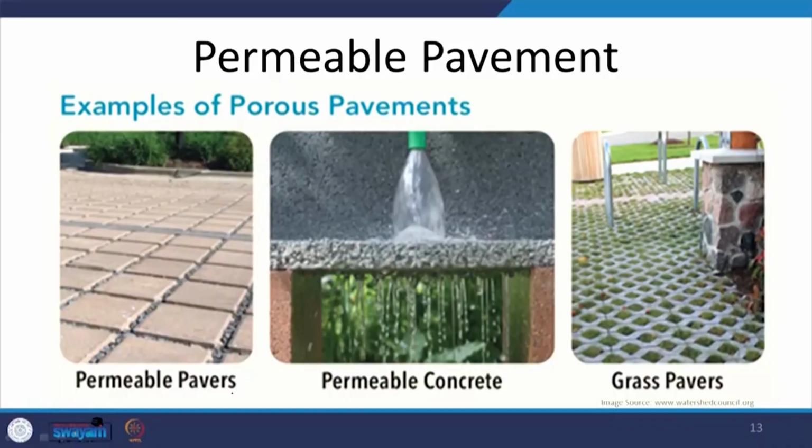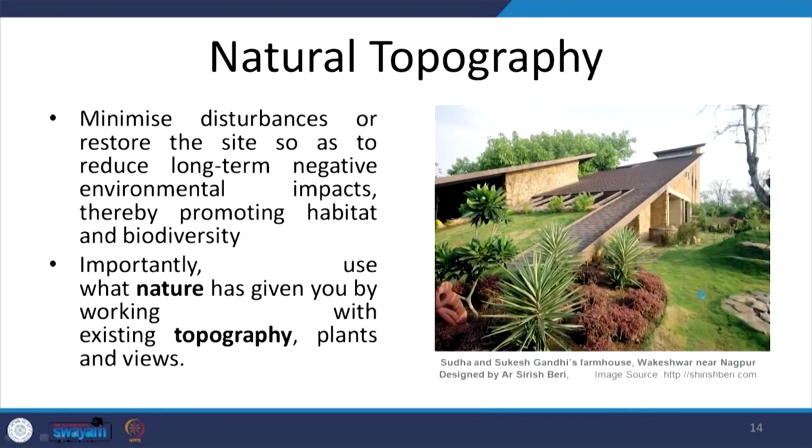So, there are permeable pavers, there are permeable concretes. We also have grass pavers, which is a very common strategy, where the paver has punctures and a vegetated area. So, it allows for growth of grass and that also allows for percolation of water down to the ground.